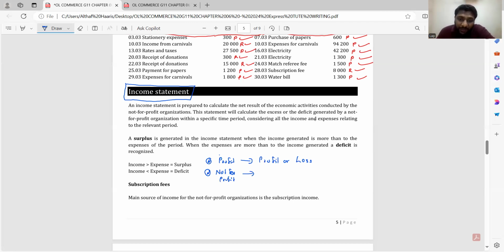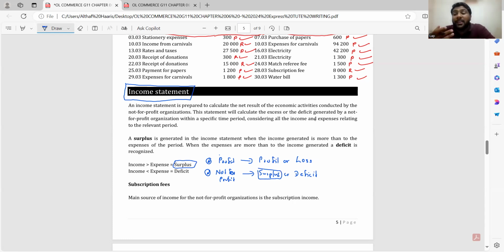Generally, we will use the words surplus or deficit. That means if you have more income than expenses, it is a profit, but we will not use the word profit. Instead of that, we will use the word surplus.